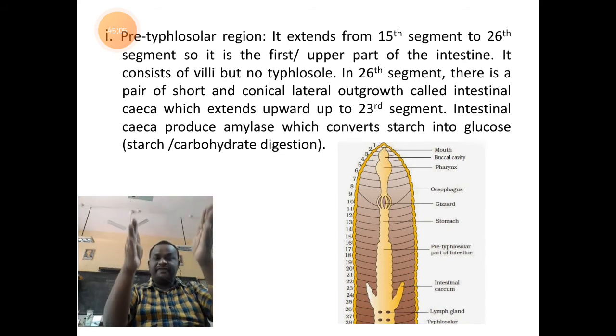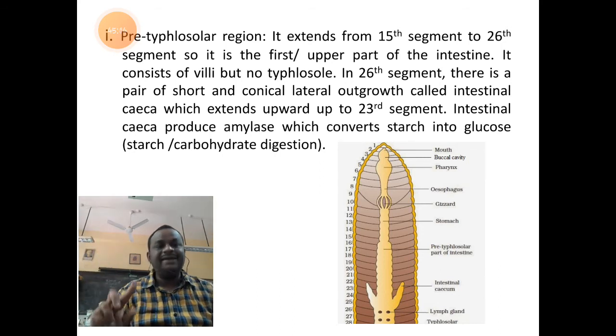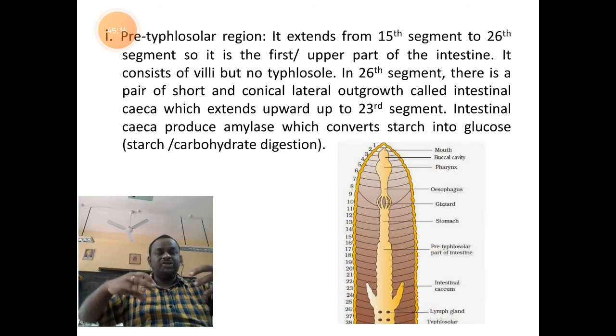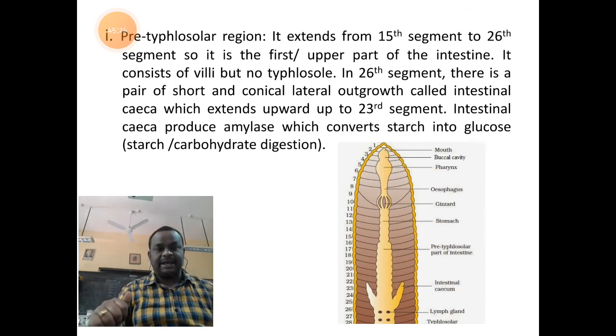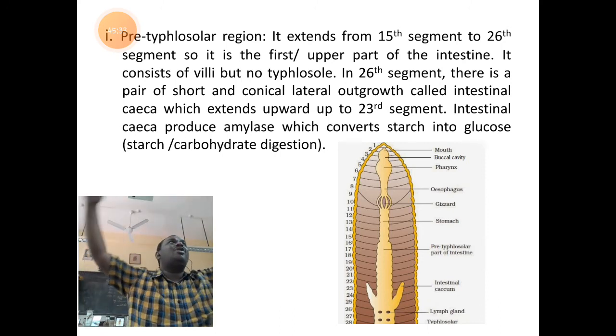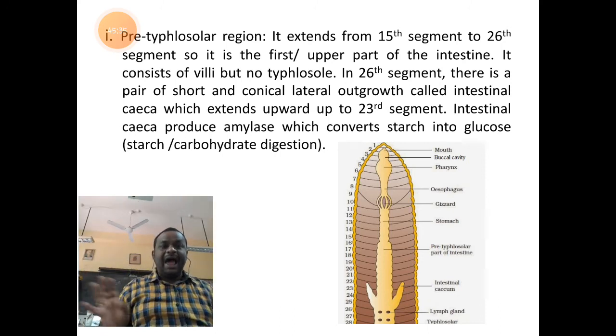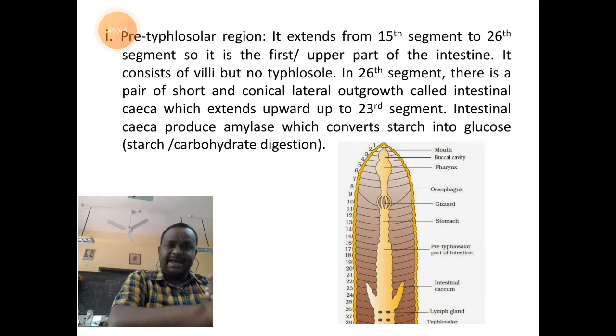In the region of intestine after the stomach, you have two wing-like structures. They are extensions of the intestine laterally. These structures extend forward, towards the anterior region, till the 22nd or 23rd segment. And these extensions of the intestine are called intestinal caeca.